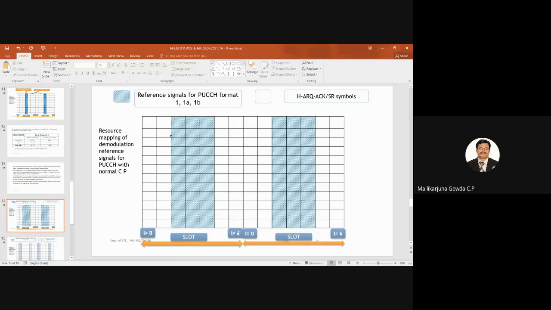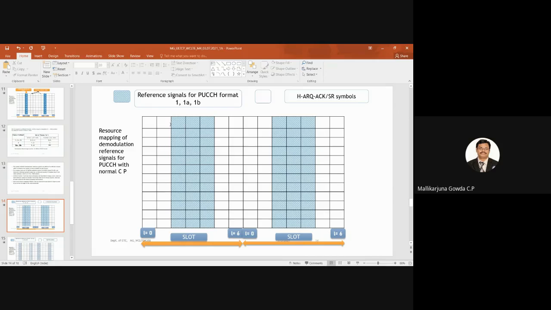So try to be attentive because it is not something very complex. It is told very clearly which OFDM symbol of a particular slot will be used by what reference signals. Okay, that depends on the PUCCH format, whether it is 1, 1A, 1B, or 2, 2A, 2B.